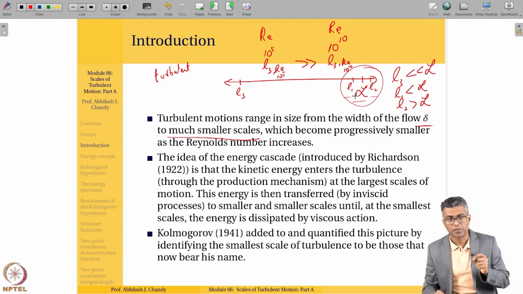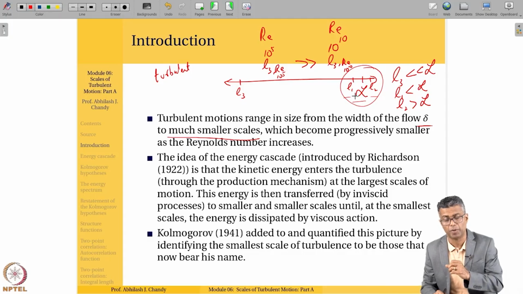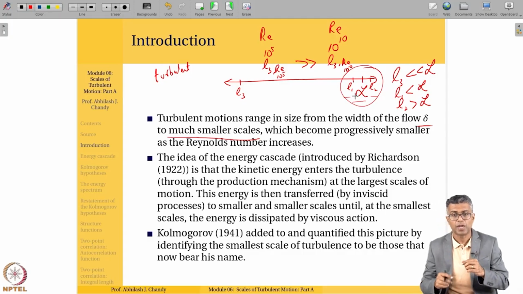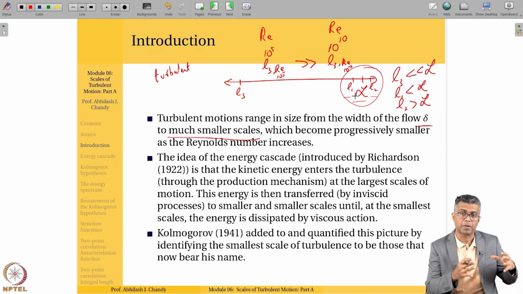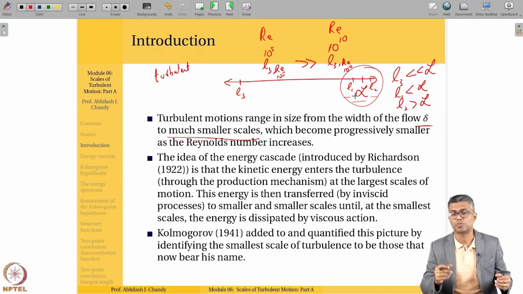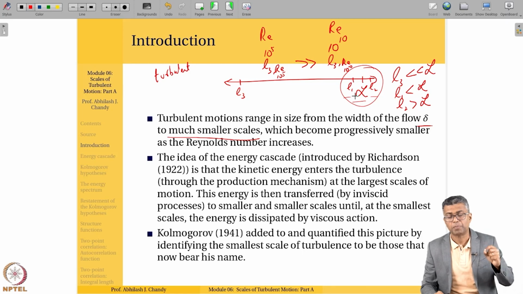Then what happens? So as the flow is coming into the domain from the nozzle, exiting the nozzle and coming into the domain, what happens? You have velocity gradients that break up the large scales into small scales.